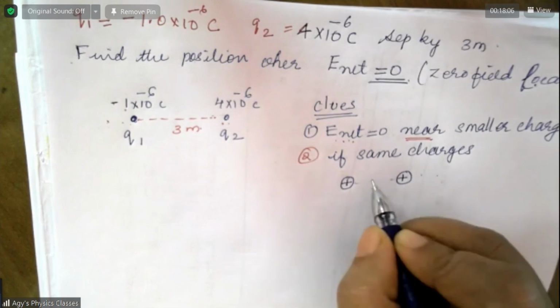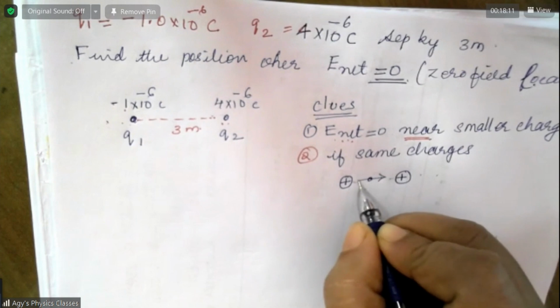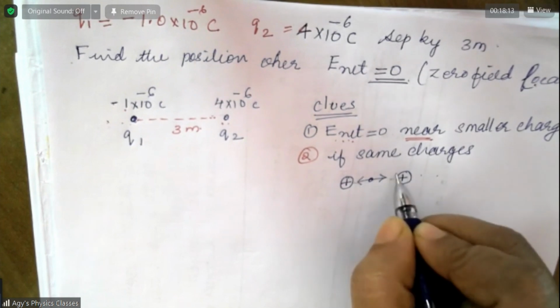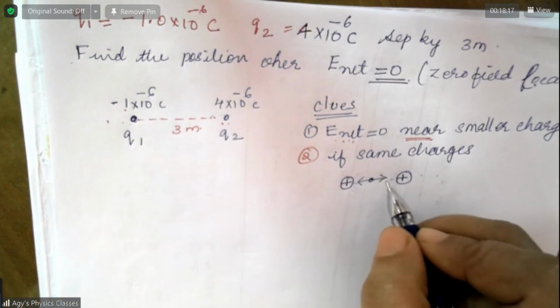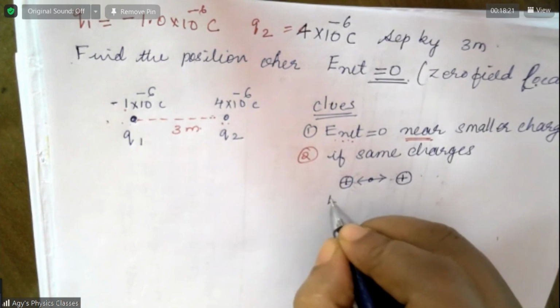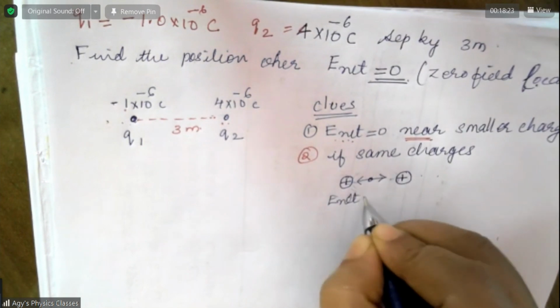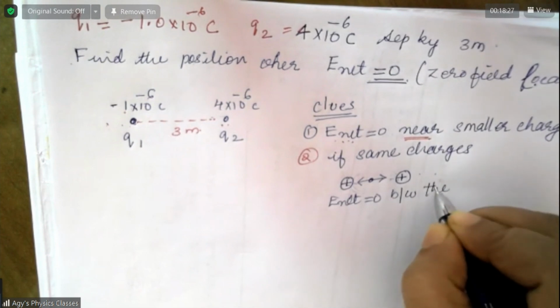Between them. Why? Because here one will be in this direction, the other will be in this direction. So only in between there is a chance to become zero. So if the charges are the same, then E net will be zero between the two charges.